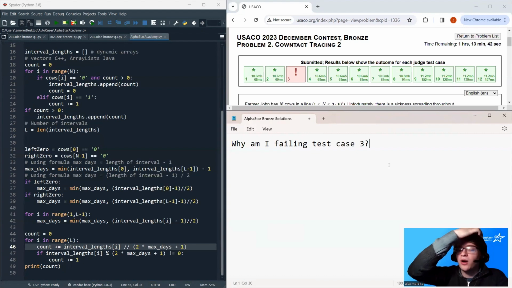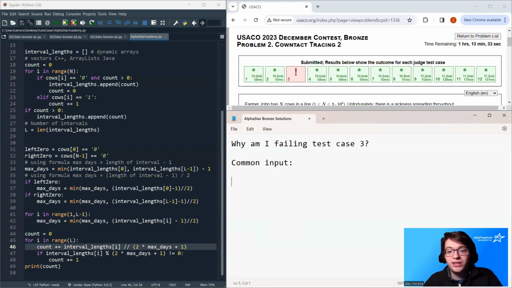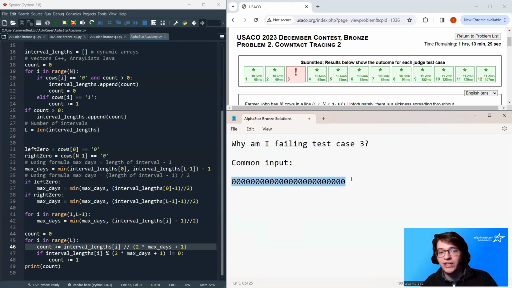And in a problem like this, a very popular sample input that they would give you would be the case where no cows are sick, right? So if they just give me a long array with not a single sick cow in it, my program's probably not going to fare very well against that test case. In particular, things like interval length 0 implicitly assumes that there's at least 1 interval of sick cows here.